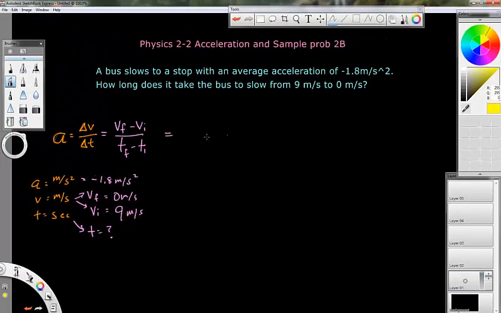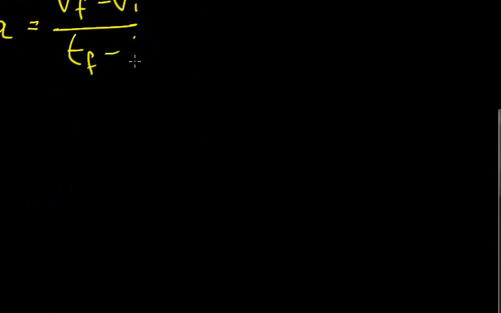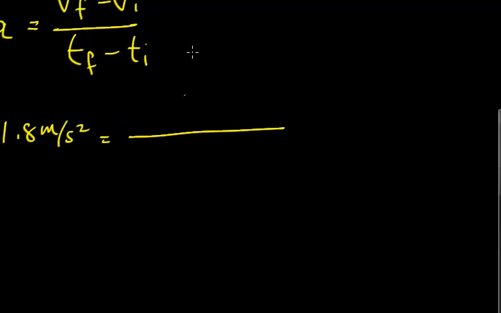So if we plug all this in, here's what this is going to look like. We'll have acceleration equals, let me rewrite this formula here, VF minus VI over TF minus TI. We know the acceleration is negative 1.8 meters per second squared. That's A. It's substituted there. On the top, I'm going to extend that line a little bit.